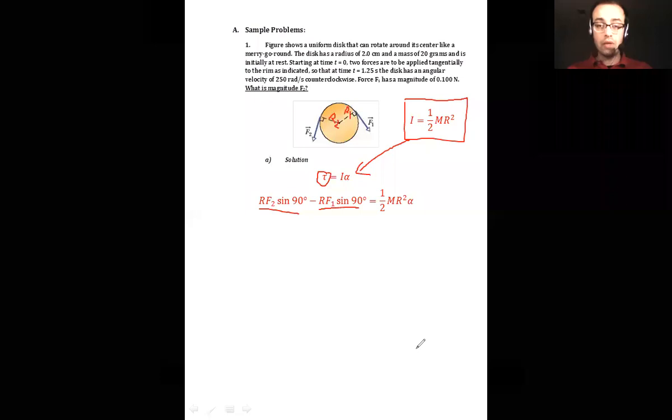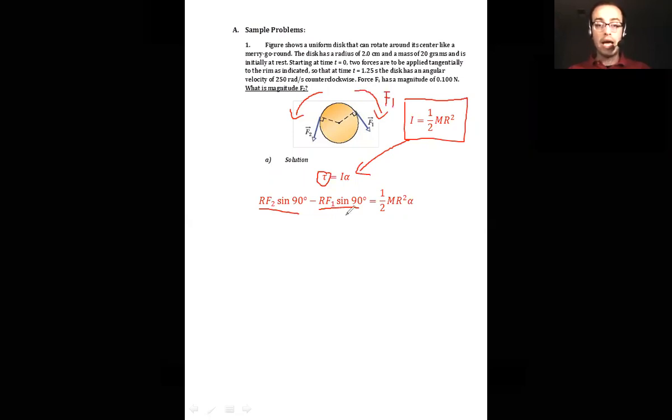Well, notice that the torque that's being applied from force 2 is tending to rotate the disk in this counterclockwise direction. And the counterclockwise direction is the positive direction, whereas F1 is tending to rotate the disk in the opposite clockwise direction, and that's going to be negative.